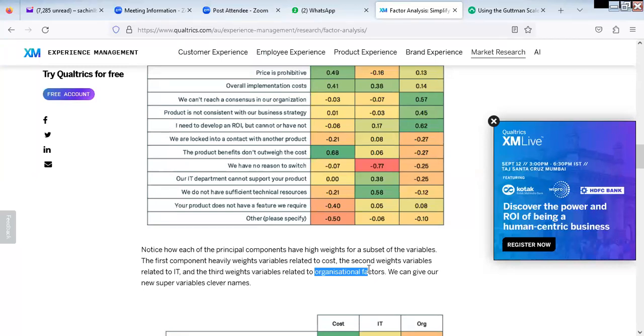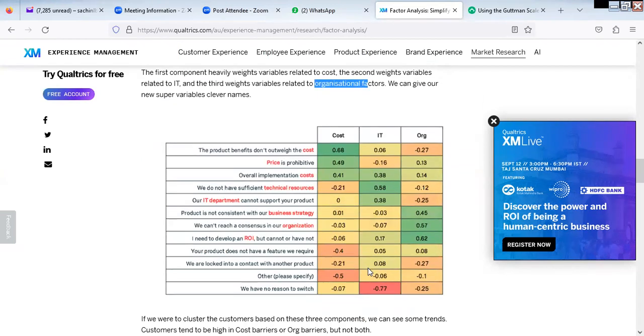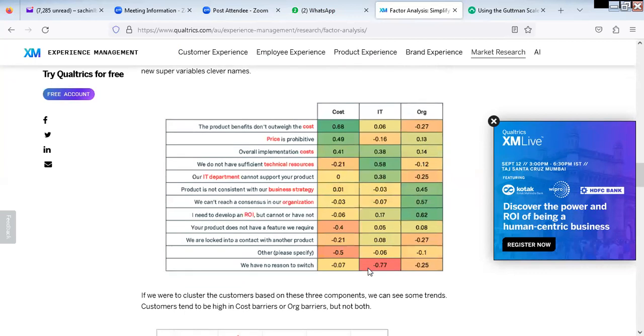There are so many questions, 12 questions, but ultimately it is related to cost, IT, and organizational factor. So the major factors are 3. That is called factor analysis.